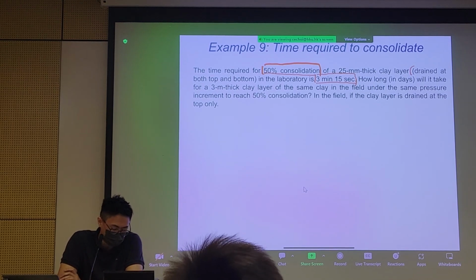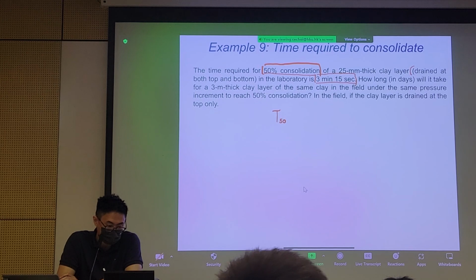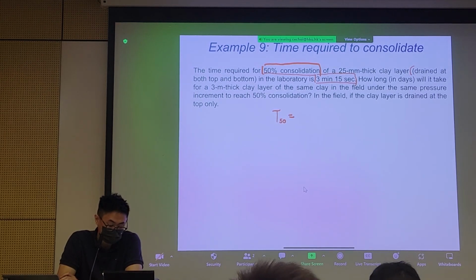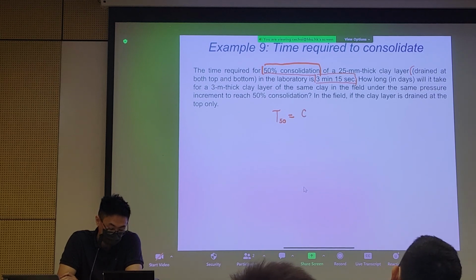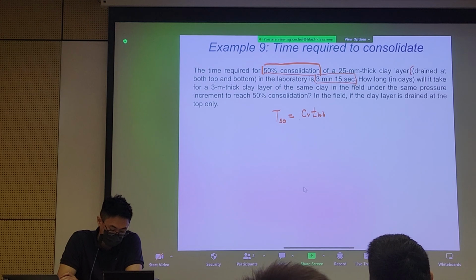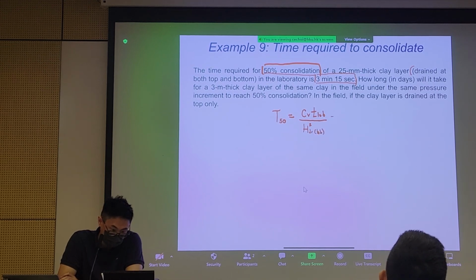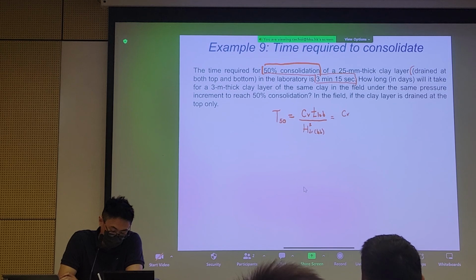So just to refresh your memory on how to do these type of questions, well, we want to know at 50% consolidation what's going on. So we need to calculate the time factor at 50%. And we know the expression for time factor at T lab, H drainage layer lab, should be equal to our field, right?